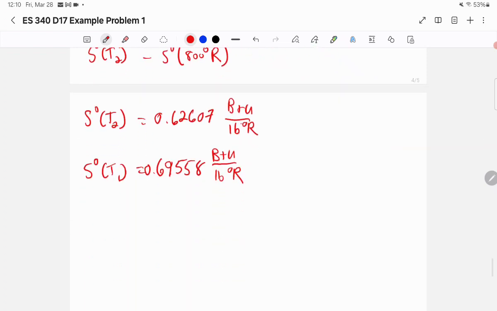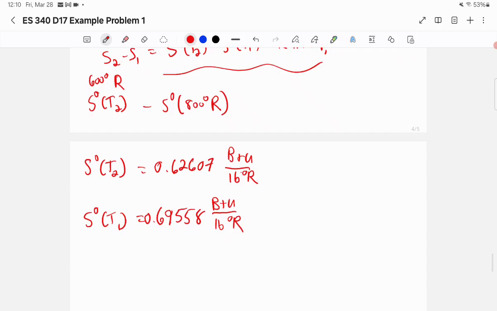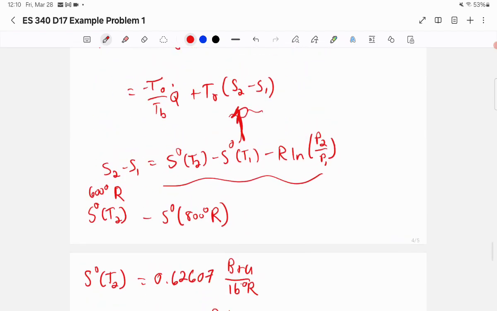And then we have P1 and P2. P1 was 75 and P2 was 15. They were in the same units, so I'm not going to bother with those units.